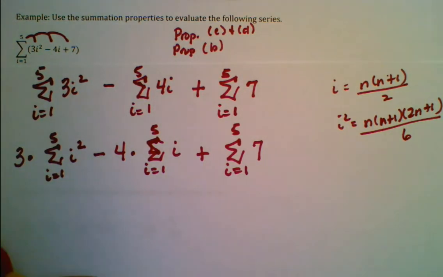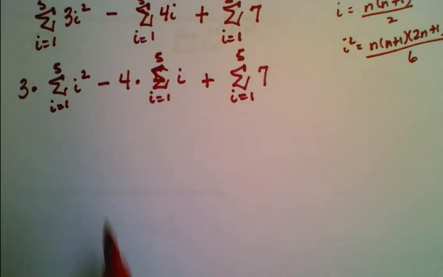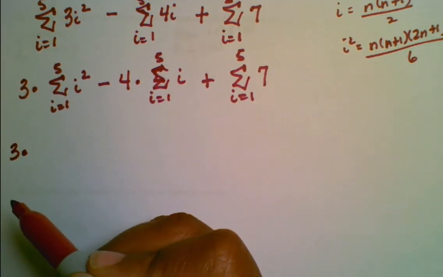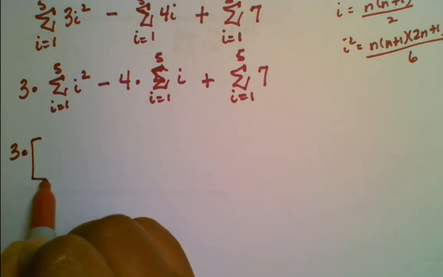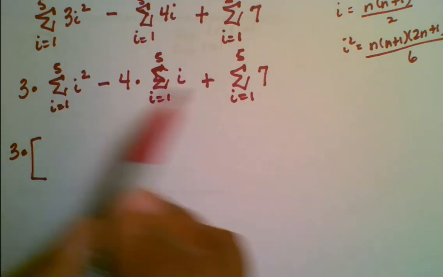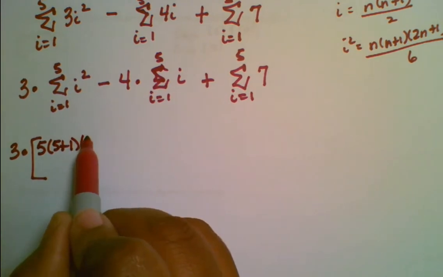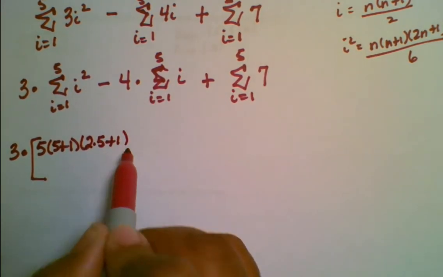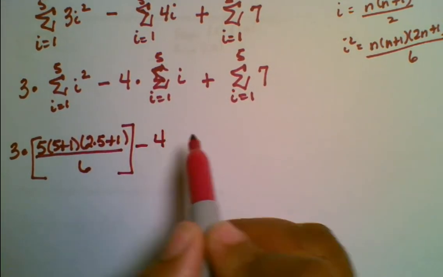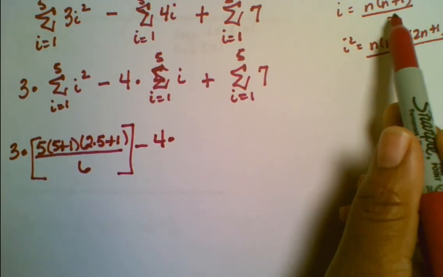So this is how we would write out each term of that summation. We have 3 times, since it says the summation of i squared as i goes from 1 to 5, we have here 5 times 5 plus 1 times 2 times 5 plus 1 all over 6, minus 4 times, now let's look at the summation of i, which is n times n plus 1 over 2.